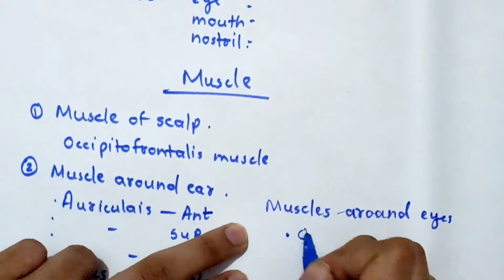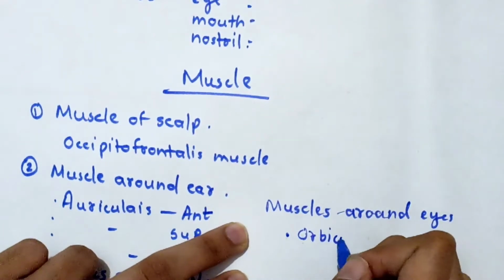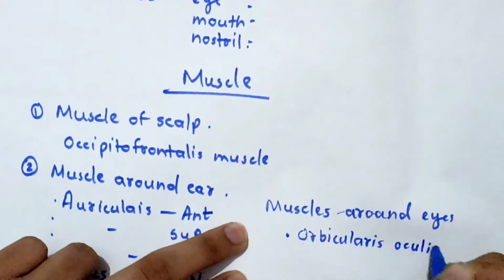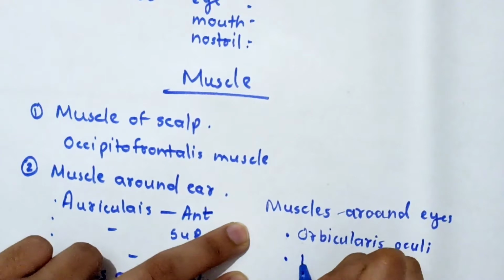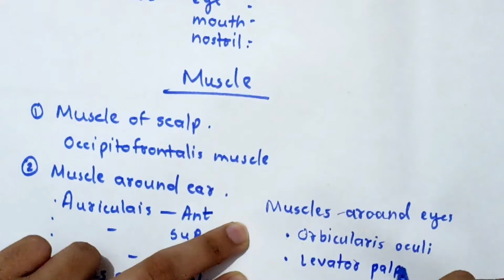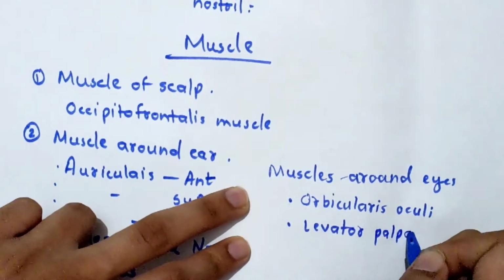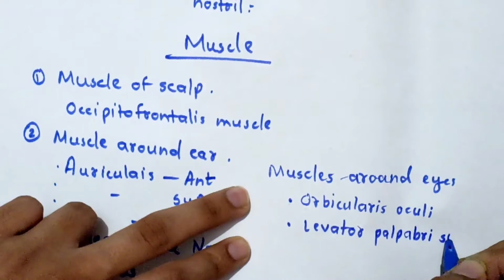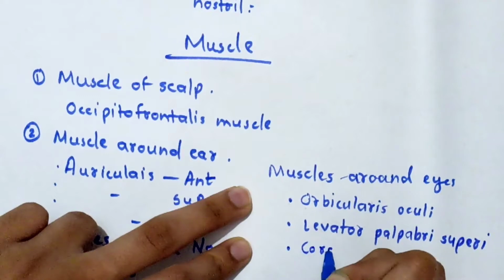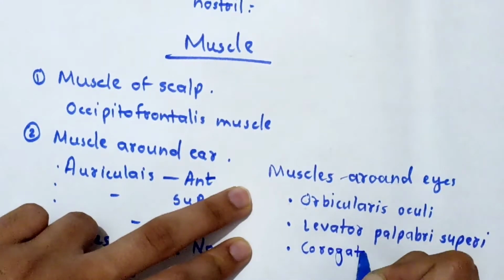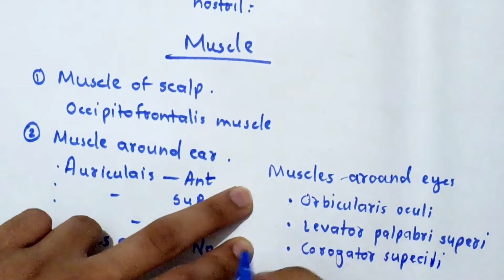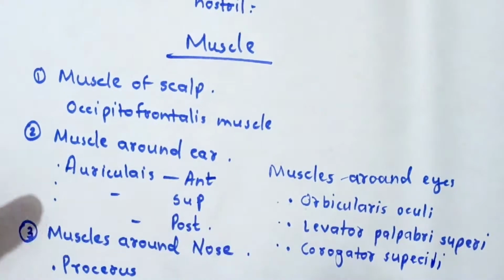Here we have orbicularis oculi muscle, levator palpebrae superioris, and corrugator supercilii muscle. So these are the three muscles around the eyes.